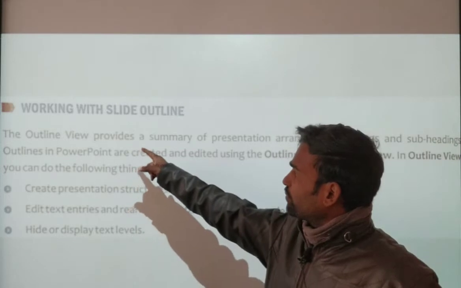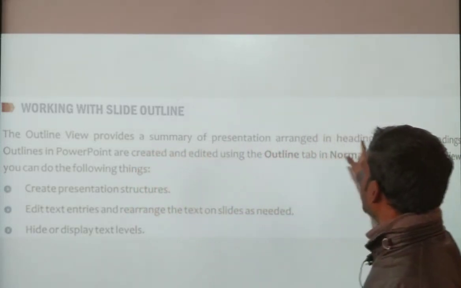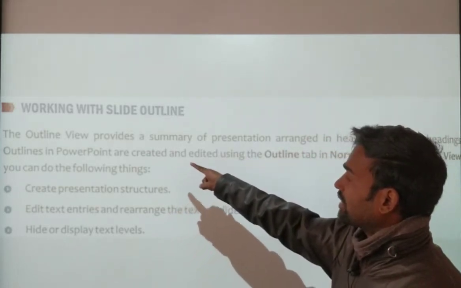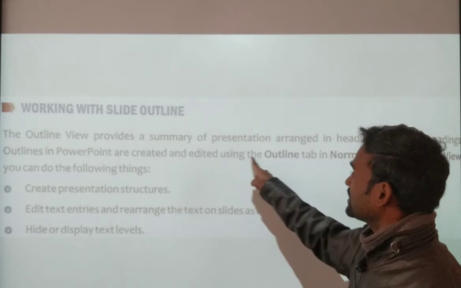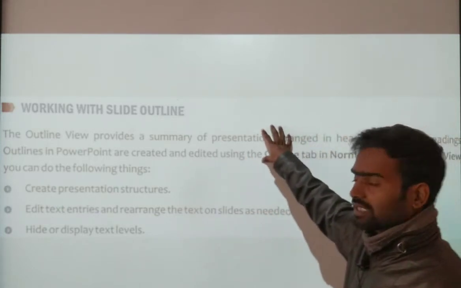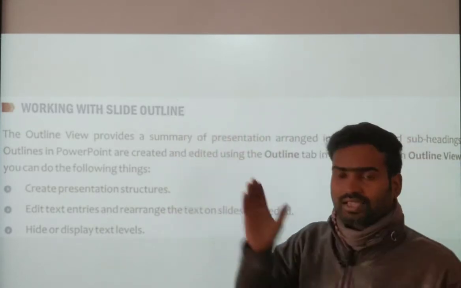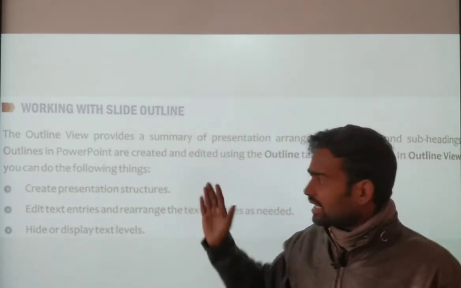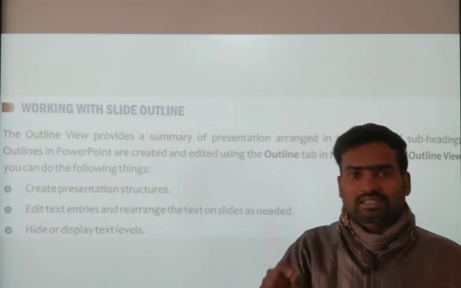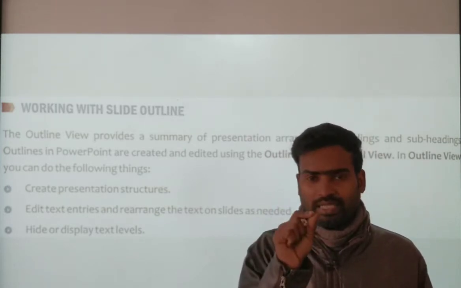The outline view provides a summary of a presentation arranged in headings and subheadings. Outlines in PowerPoint are created and edited using the outline tab in normal view. When we select the outline view, all the slides, whatever we typed, will be shown, but remember, images will not be shown there.